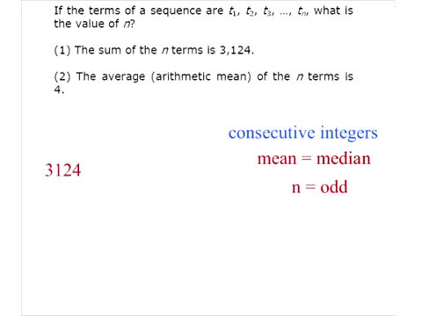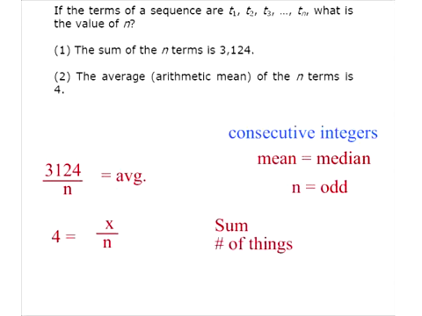And then statement 2, I said it was also not sufficient because 4 equals x over n, and we don't know what x is. But if you combine statements 1 and 2, you get 3,124 over n equals 4, and therefore you can solve for n by cross multiplying. Okay. Sorry. Yeah, awesome work.